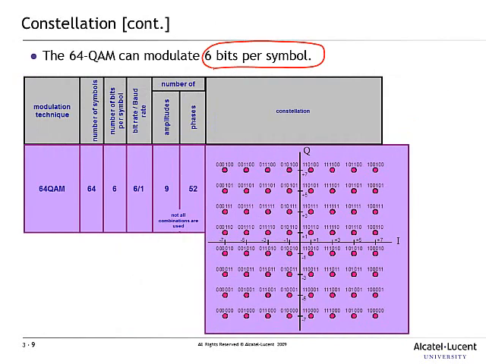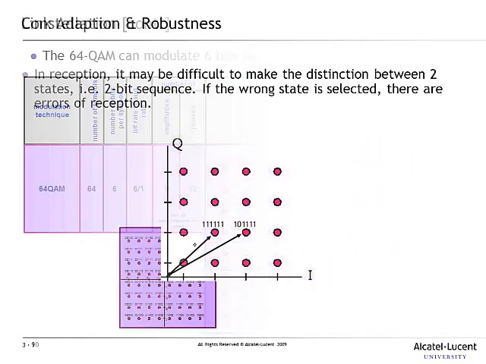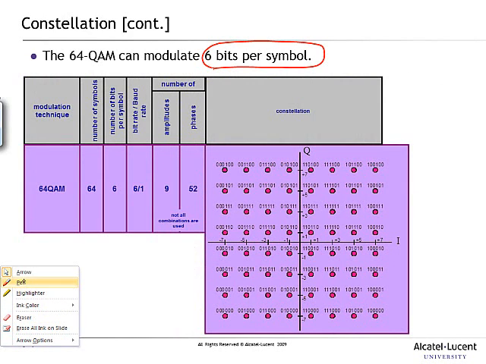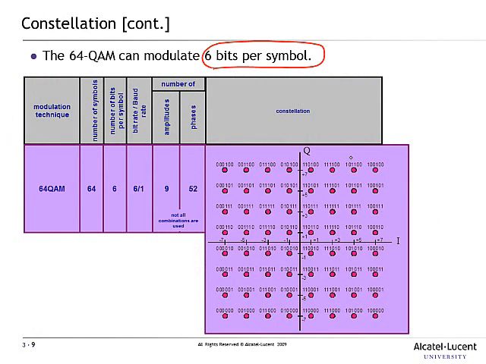Okay, so for example, if you pick any 2 adjacent constellations, you'll see that there's only a single bit difference, because noise can cause one of the phases to be received as an adjacent phasor.